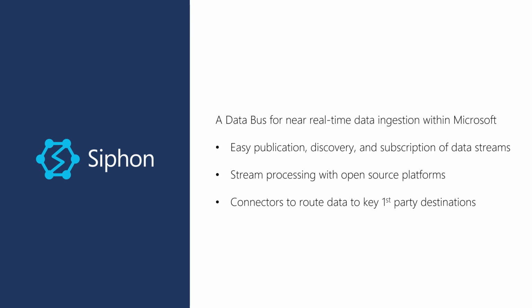Second, it enables stream processing, especially using open-source platforms like Storm or Spark Streaming. And thirdly, a config-driven way to route data from various sources to important first-party destinations within the company. As you said, it's an internal tool. We use it for many teams within the company, especially in Bing and Office 365. Great, well, let's see how this is put together.